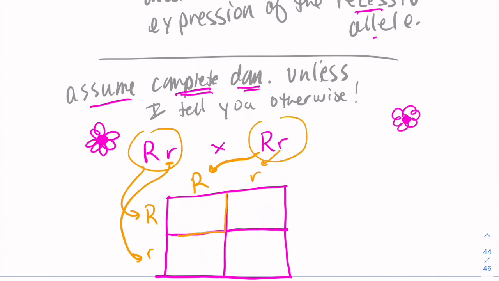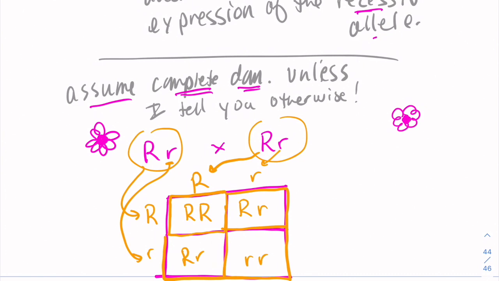Now we're going to fill in the boxes by taking whatever is at the top of the column and at the end of the row. So we have a dominant allele at the top of the column, dominant allele at the end of the row. We've got a recessive allele at the top of the column, but a dominant allele at the end of the row. And please remember you put the capital letter first. So down here we're going to have this, and down here we're going to have this.